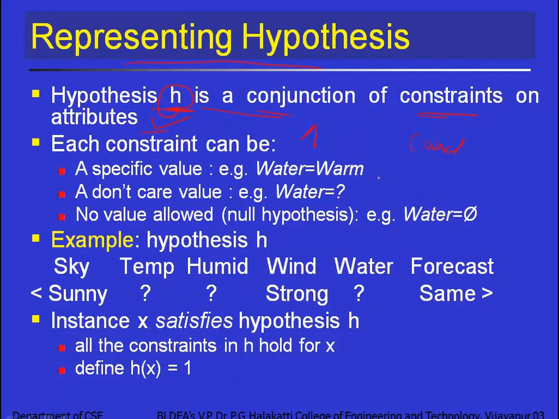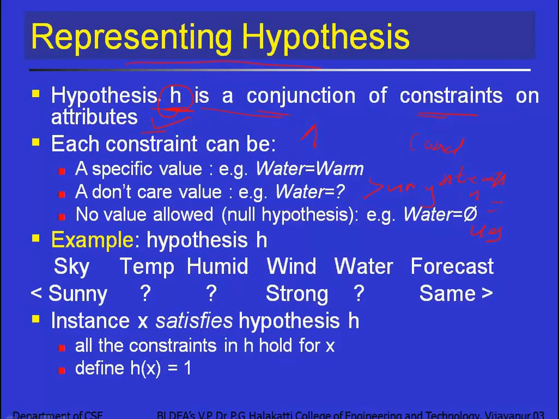As I said, if sky is equal to rainy and temperature is equal to something else, and this is the AND operation, then you will say that enjoy sports is equal to yes or no. So that is what a constraint is.